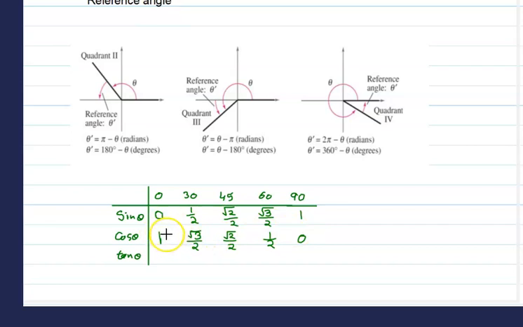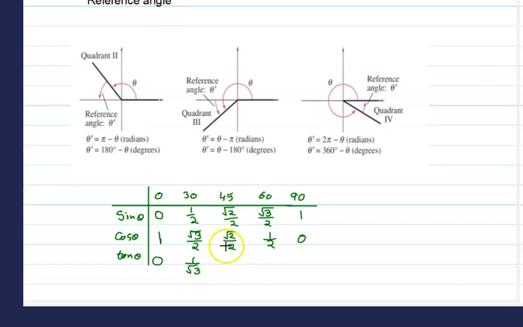And the tan, we know that tan is the ratio of sine over cos. Tan equals sine over cos. So you just need to take the ratios of values of sine and cos. For tan 0, it's 0 over 1, which is 0. For tan 30, it's 1 half over square root 3 over 2, which gives you 1 over square root 3.